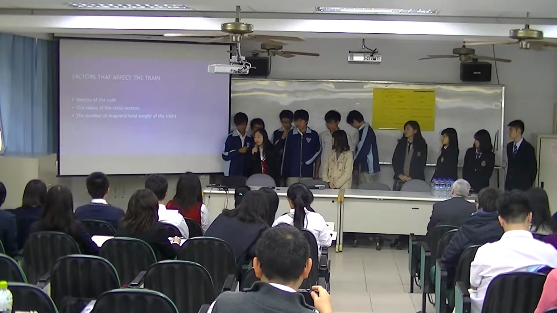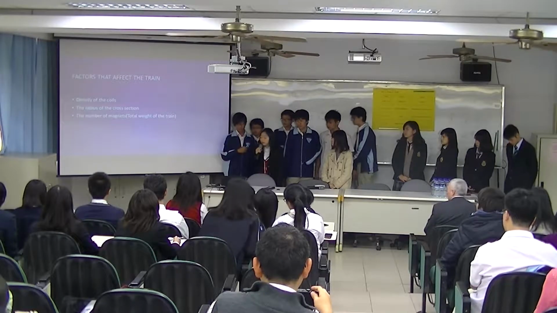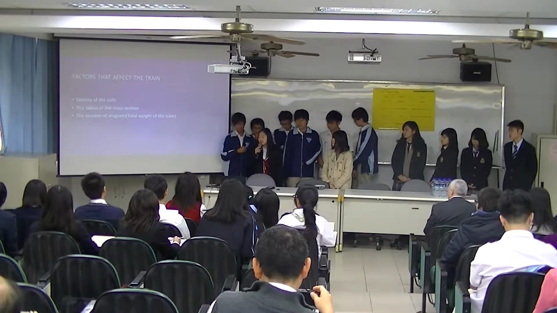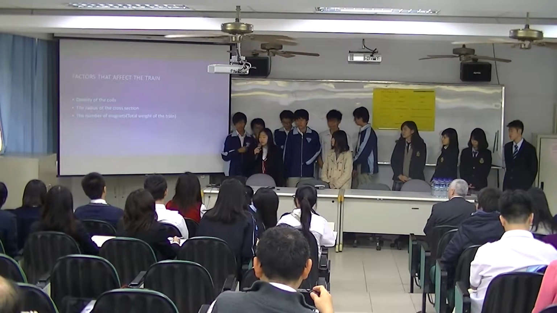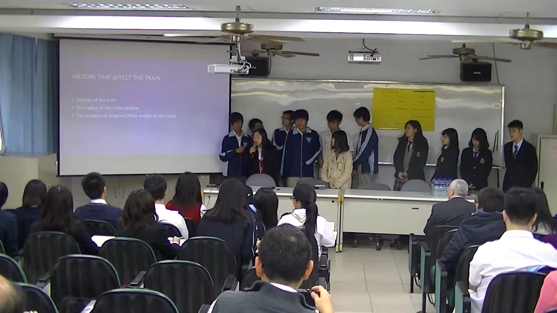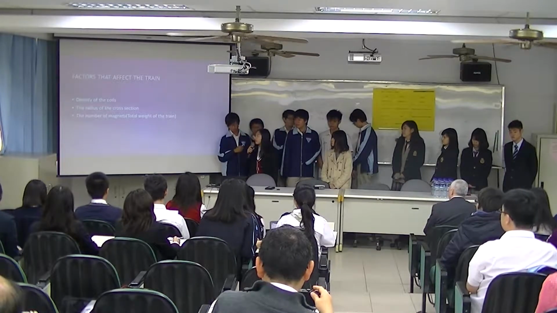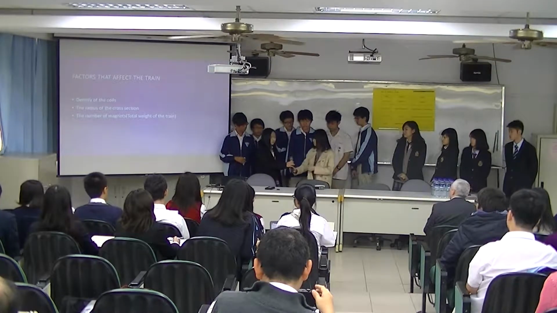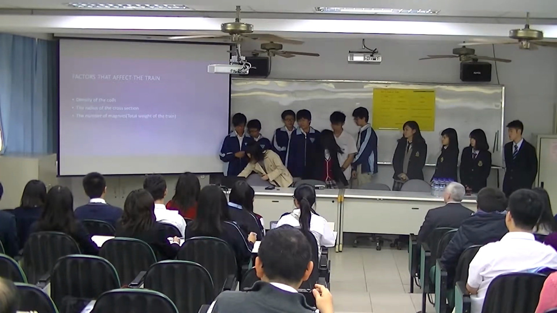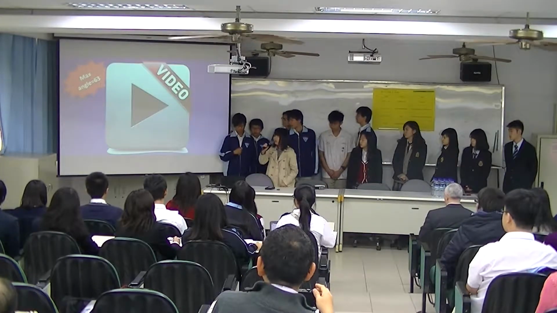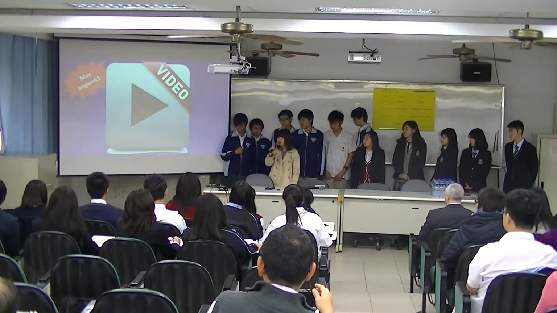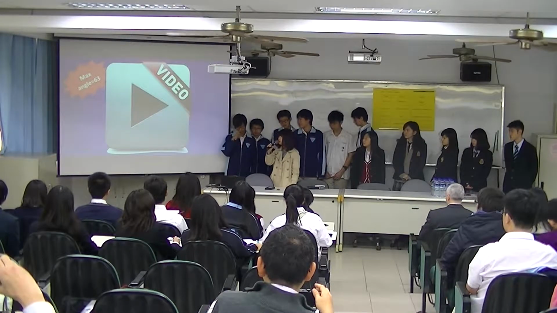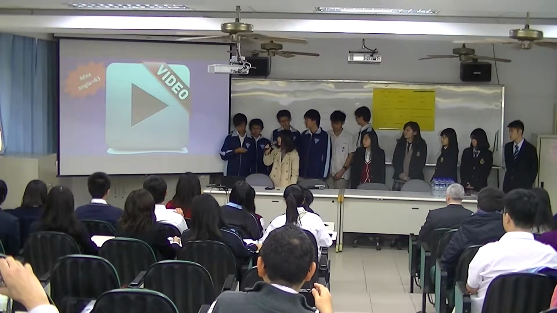We think of factors that affect the train. First, density of the coils. Second, the radius of the cross section. Third, the number of magnets and total weight of the train. We studied about them. Then we are going to show you some videos of our simple train, and the maximum angle of our simple train is 63.